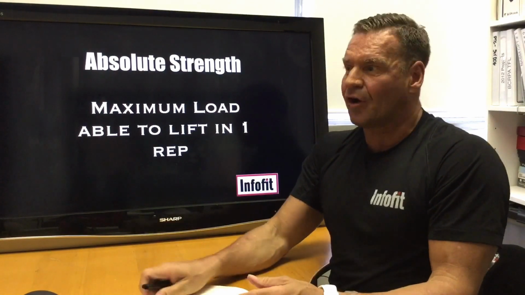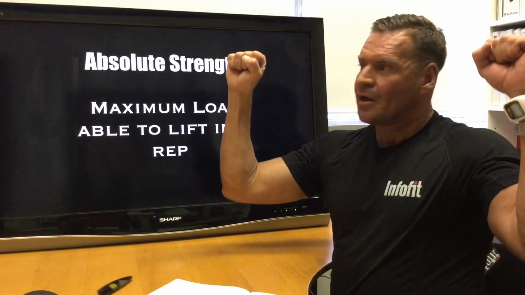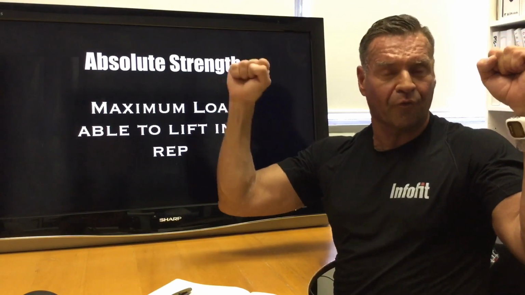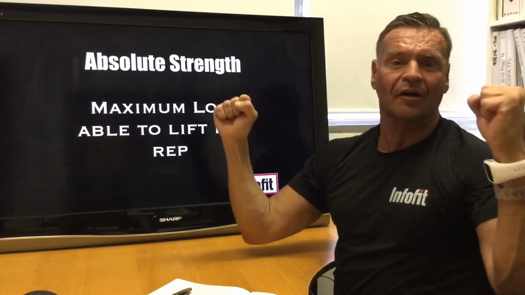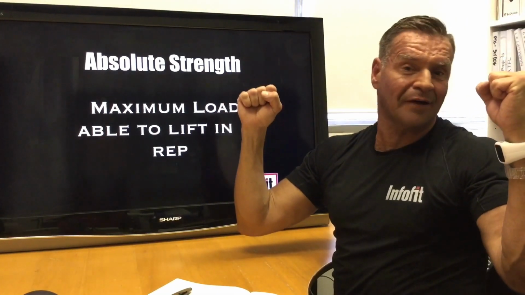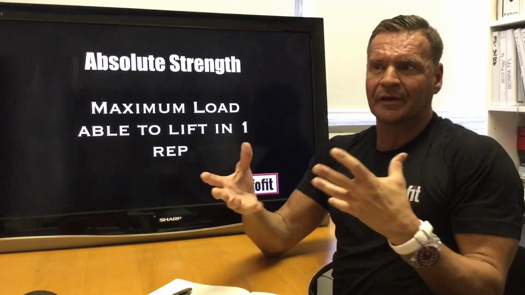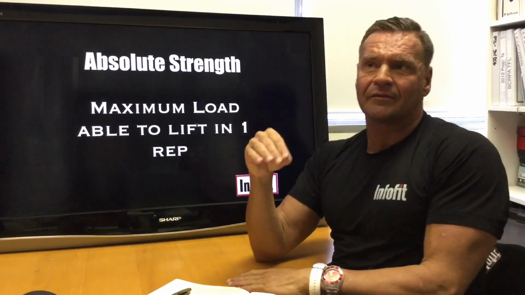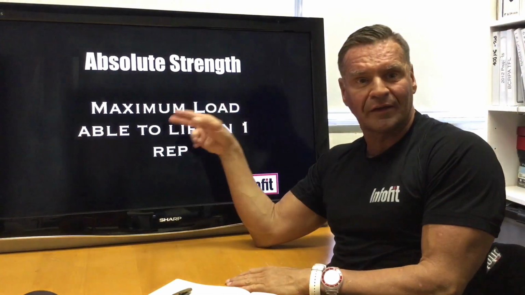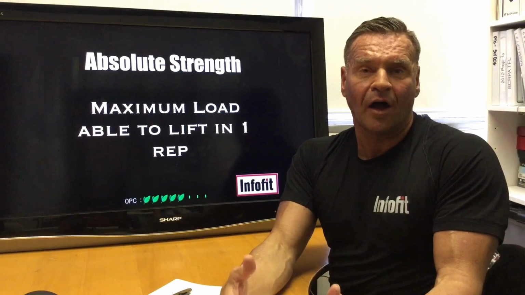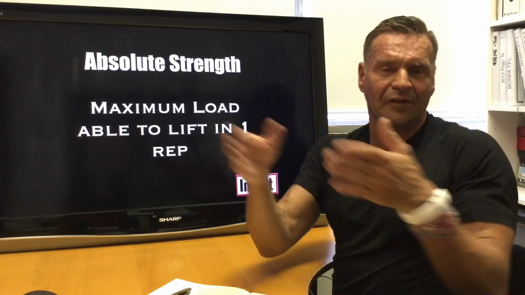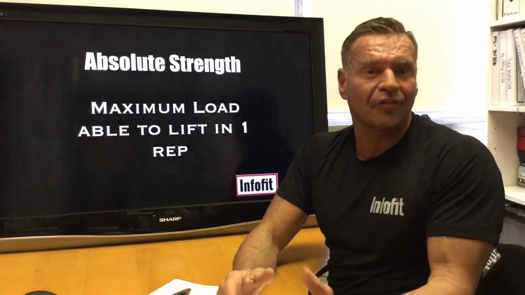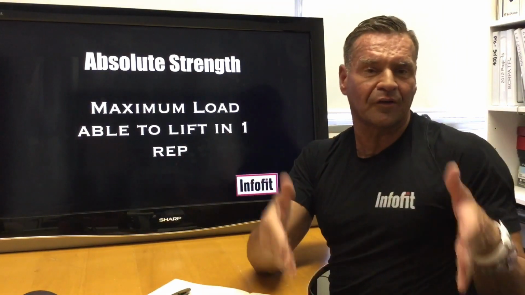So if my max is 100 pounds, and I want to train between 60 and 70, I'm going to take 80 pounds in my hands, and I'm going to be able to do this probably 10 times or 8 times. Fair? So knowing your absolute strength gives you an idea how much weight you should use for your repetitions. And it varies depending on the results you want, whether endurance, hypertrophy, or strength, right?